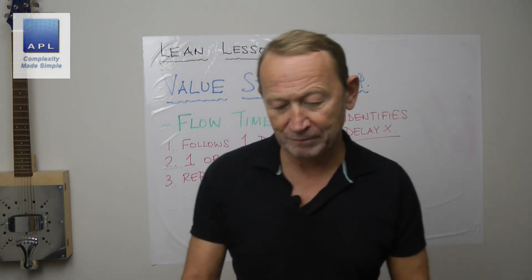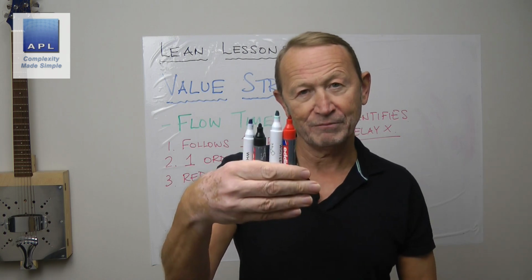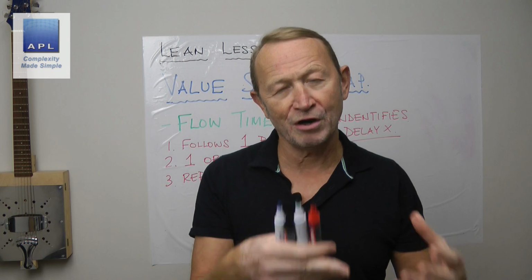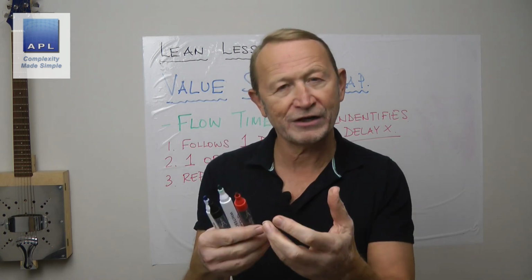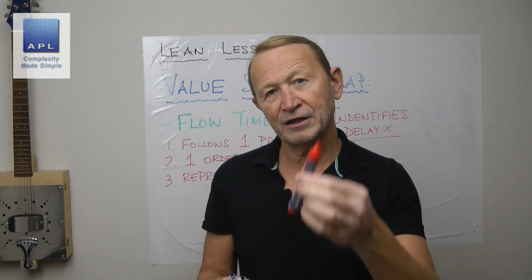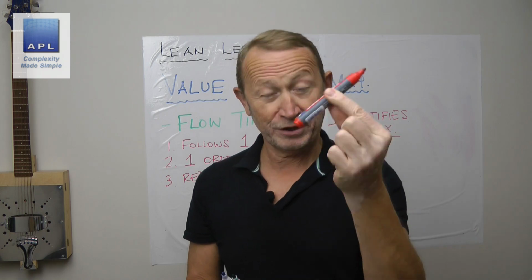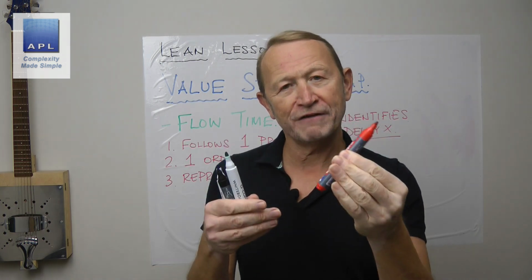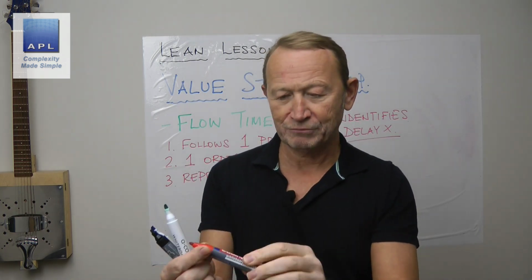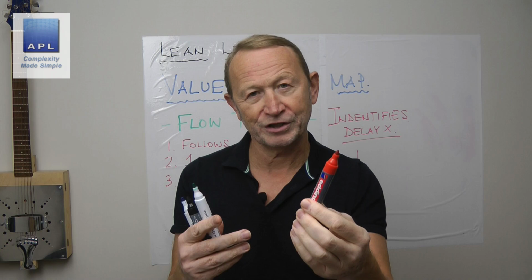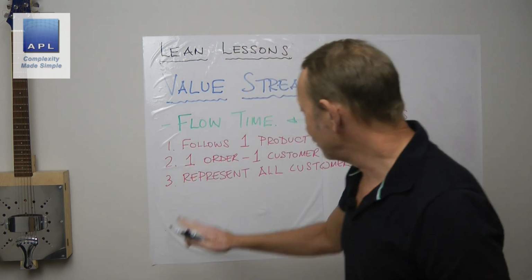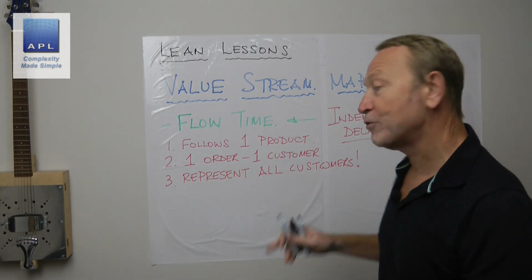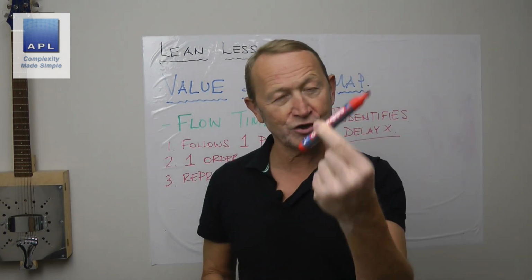So if you were a company that made, let's say you're a company that makes felt tip pens, but you're also a company that makes crayons, wax crayons. So, okay, one map would be the processes that make this felt tip pen. They would be different machines. These would be molding machines. They would be assembly machines. That series of events, one order, one customer, that would represent all the customers that try to order felt tip pens from you.